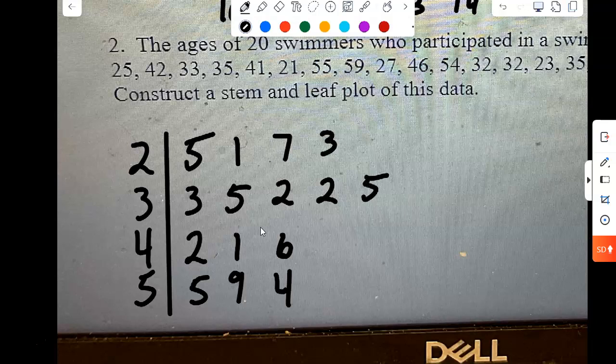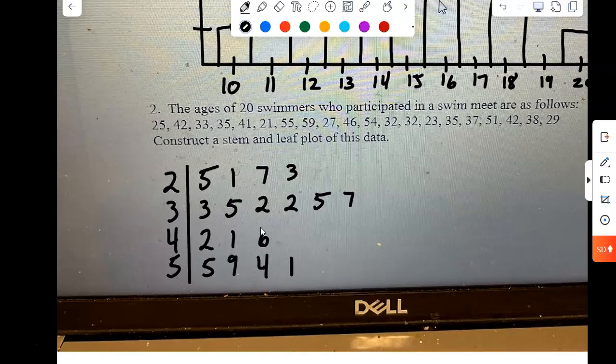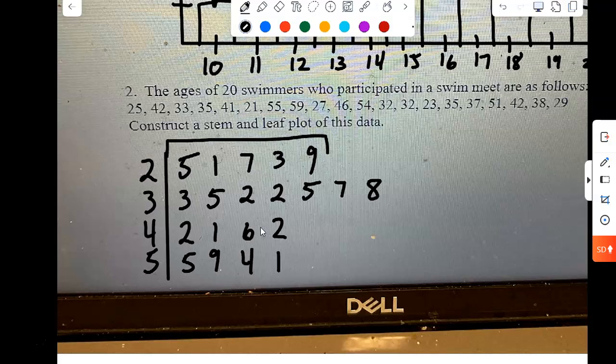And just take care to make sure that you line each row up right. So 35, and we have 37, 51, 42, 38, and 29.